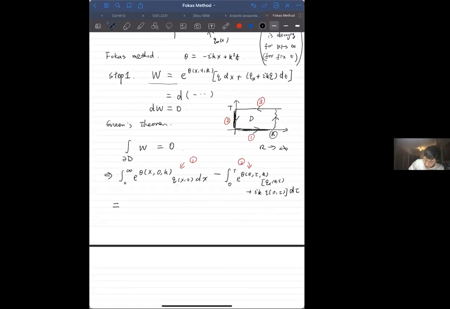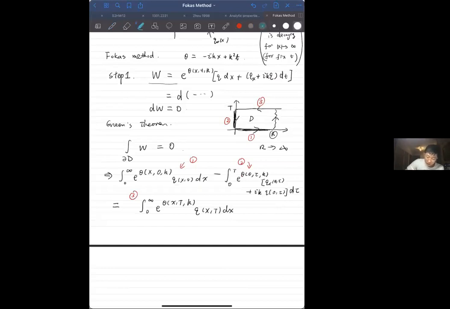And this equals 3, which is from 0 to infinity. Because I moved it to the right-hand side, I changed the direction. So it's from 0 to infinity of e to the theta(x,T), k q(x,T) dx.